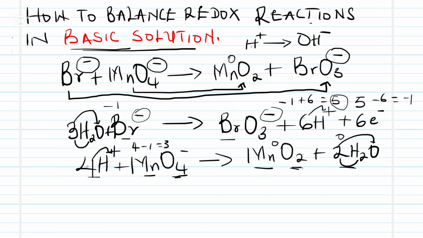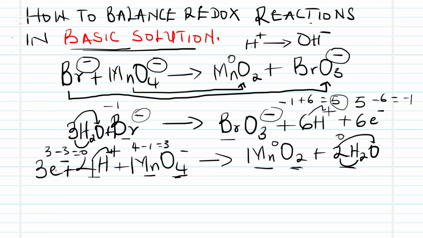Since we have a plus 3 charge on the left, we now say we're adding 3e minus, right? Now, we have a plus 3 charge on the left. This now becomes 3 minus 3. Remember that electrons are negatively charged. This is equal to what? 0.